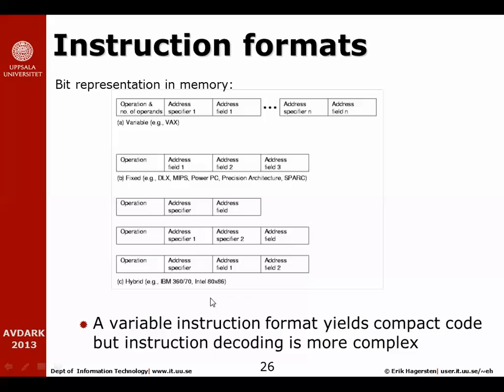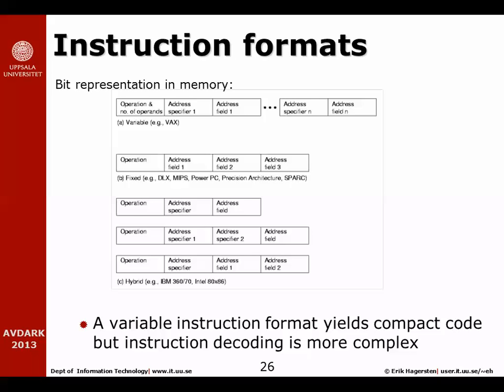You also have a variable instruction set representation, what's called hybrid here, where you have a few different instruction lengths. So this is, for example, what's being done in x86, where instructions can be very small or very large depending on how many bits you need to express exactly what the instruction should do.